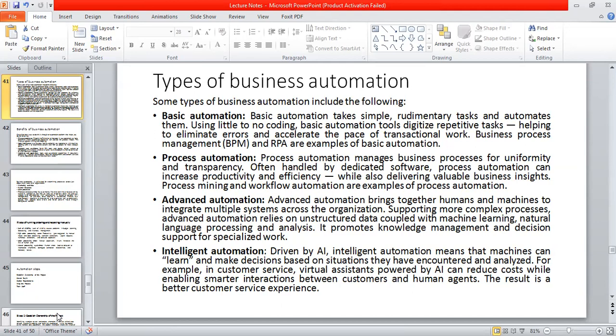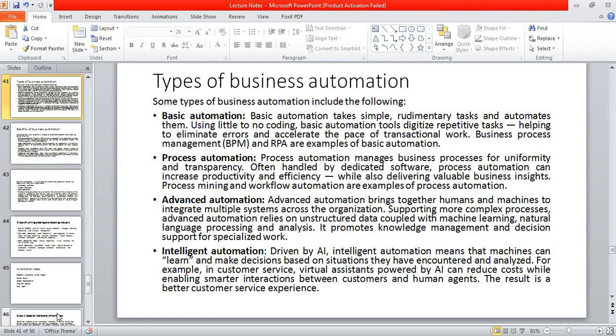So it's more advanced than process automation, and it includes things like machine learning and big amounts of data. There's also what is called intelligent automation, which is driven by artificial intelligence.